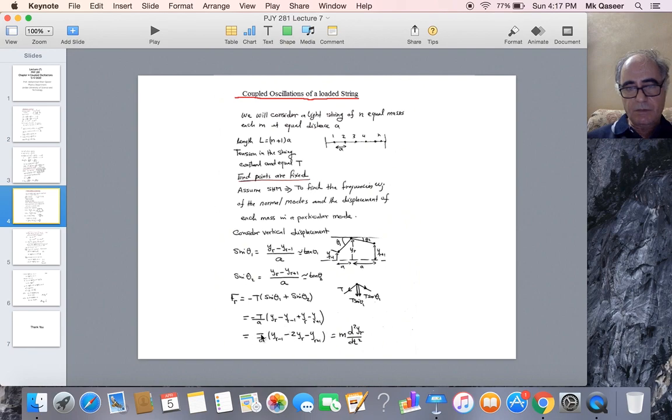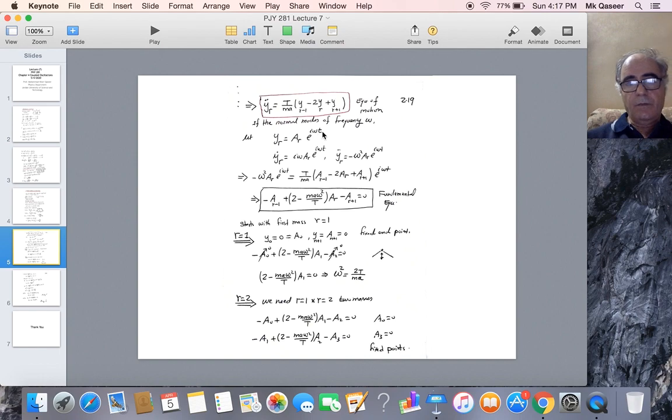Arrange, we get this expression, but this is equal, according to Newton's second law, to m d2 y r over dt squared.